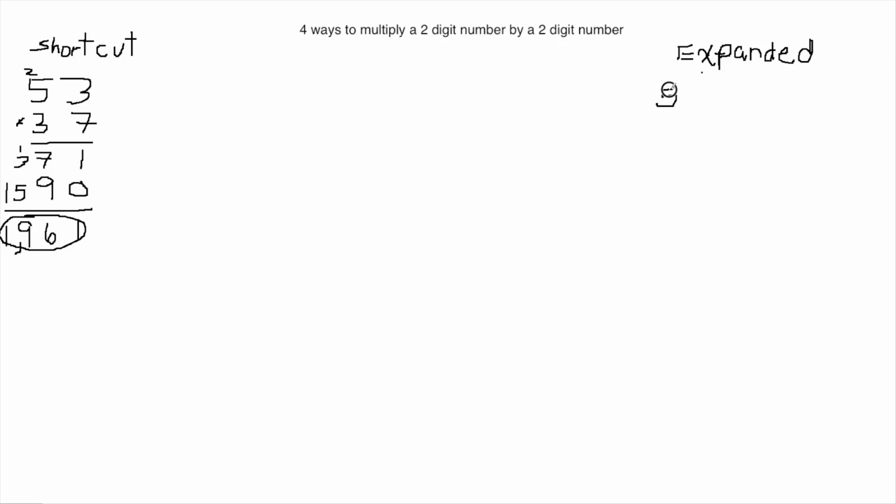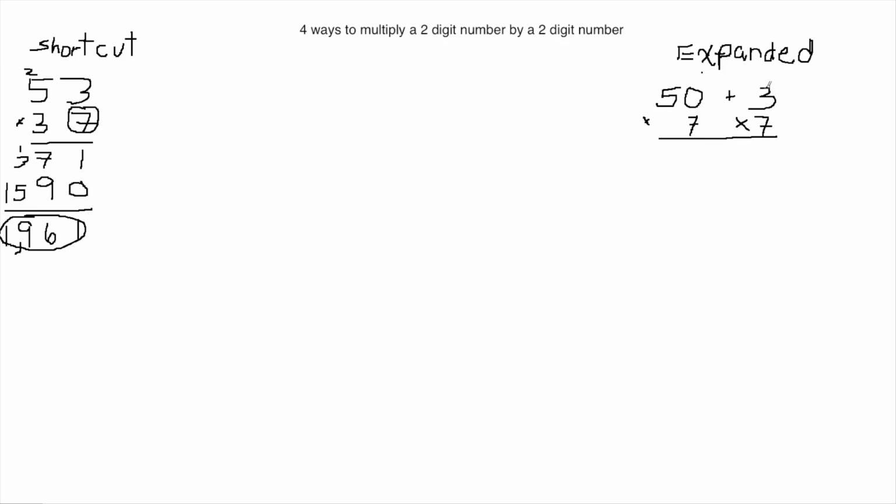Well, 5 is in the tens place, so that's the value of 50, plus 3 in the ones place is 3. Now, 37, we would write 30 plus 7, but we're only focused on the 7. So we're going to multiply that by 7 and 50 by 7.